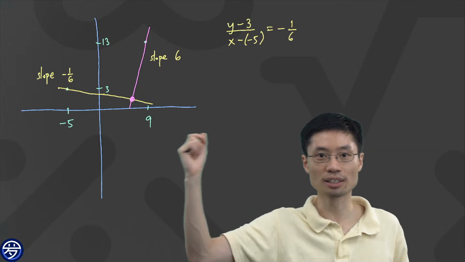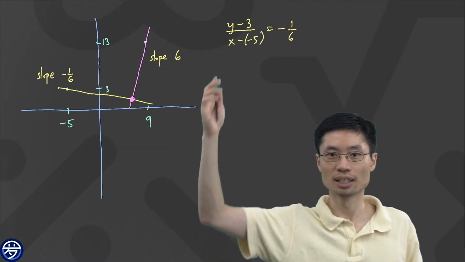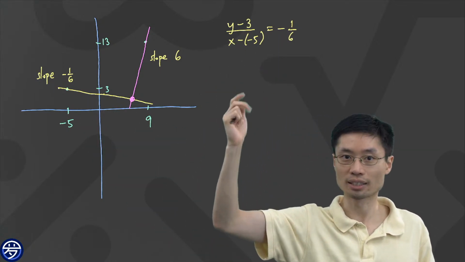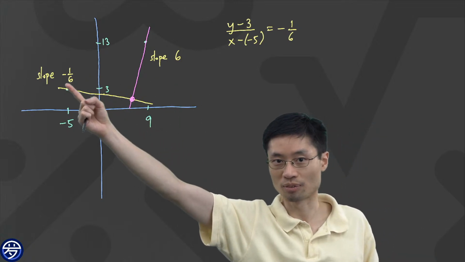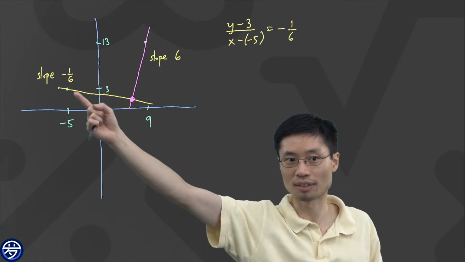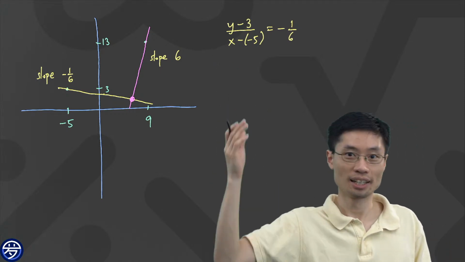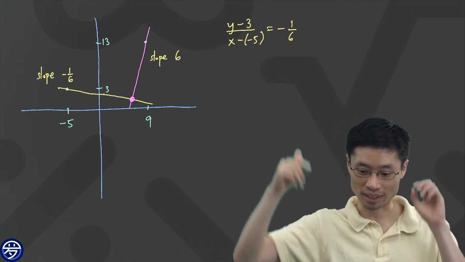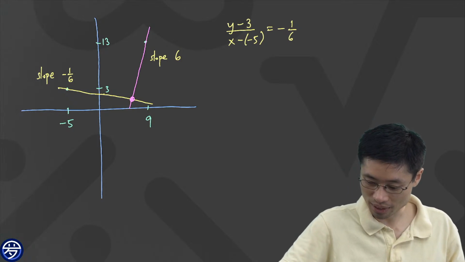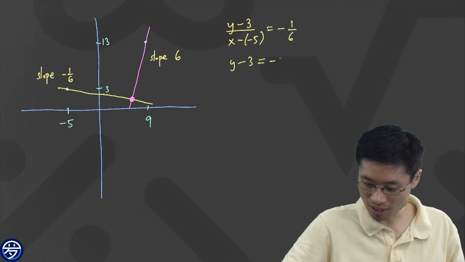That's the equation of the yellow line, because I will take the change in y over the change in x from this minus 5, 3, right? So then, I can multiply across and get an equation. The equation is y minus 3 is equal to minus 1/6 of x plus 5.